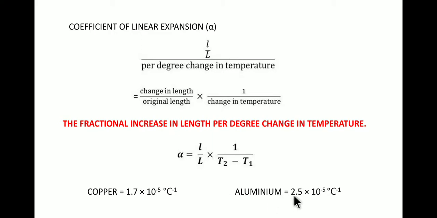So aluminium's length will increase more with every degree rise in temperature, and similarly with every degree fall in temperature, if the temperature goes down, aluminium's length will decrease faster than the length of copper. So this is the coefficient of linear expansion, which determines how much the length is going to increase or decrease with every degree rise or fall in temperature.